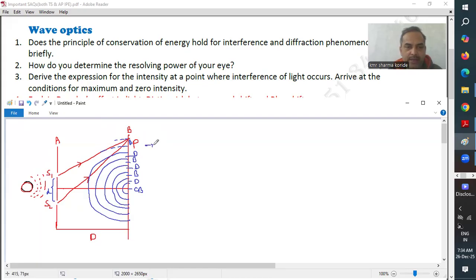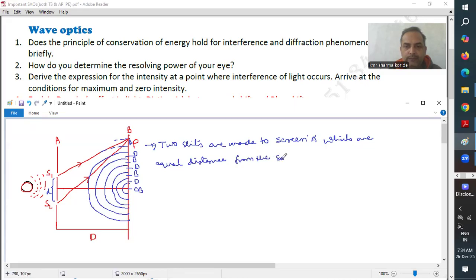You can say two slits are made in screen A, which are at equal distances from the source S. They emit waves of equal wavelength and amplitude.